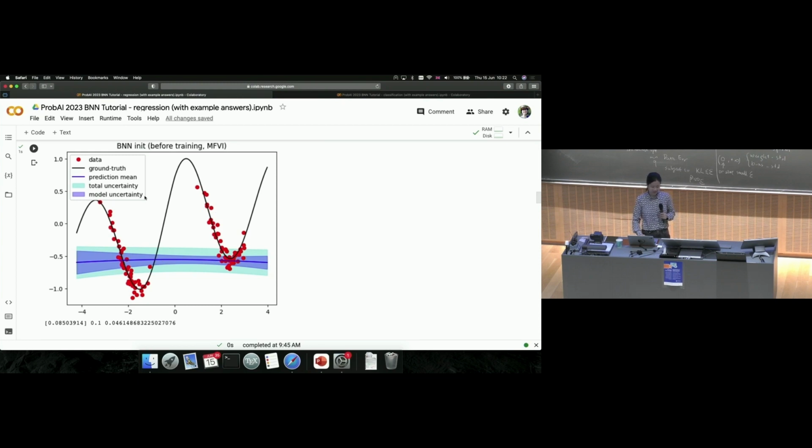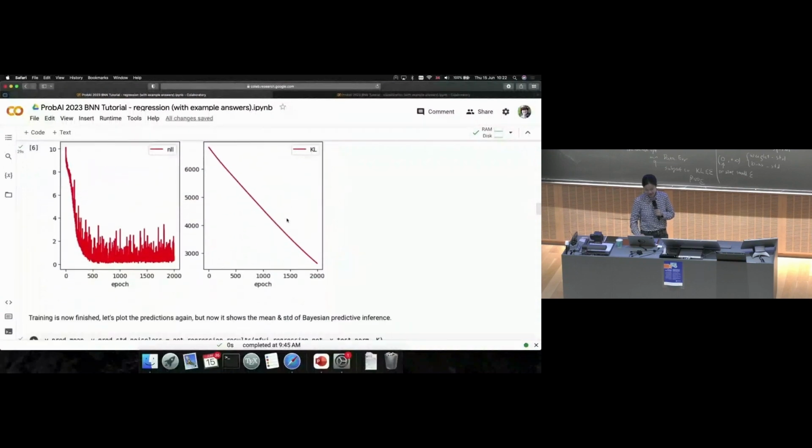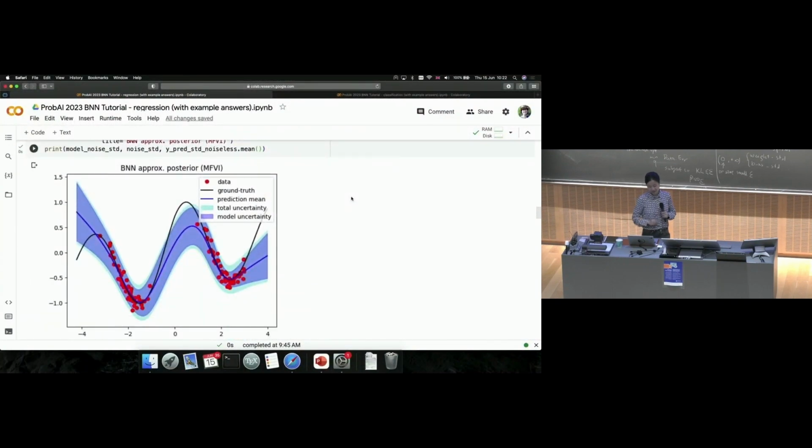Notice that I plot here the total uncertainty and the model uncertainty, because remember that you have a distribution over weights, but in your Gaussian likelihood term, you also have the output variance term, okay? So they represent different parts of the uncertainty here. After training, you tune the ELBO term, and then at prediction time, it gives you some answers that look like this, at least for this run.